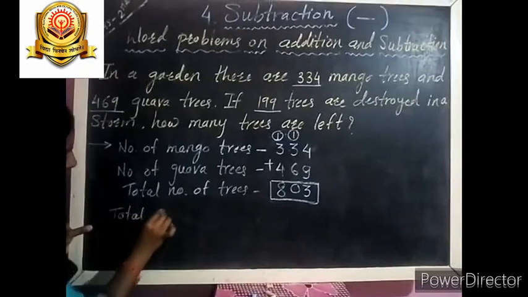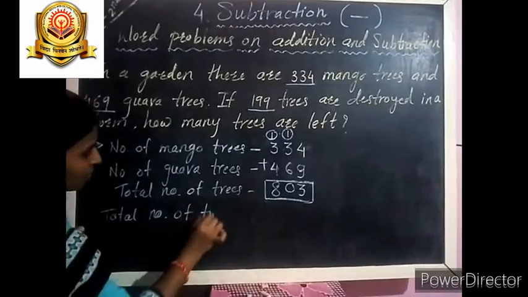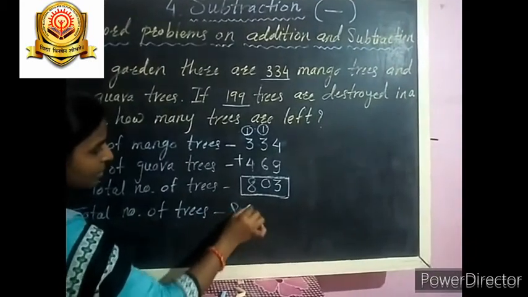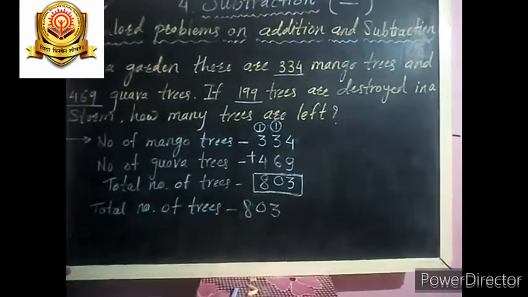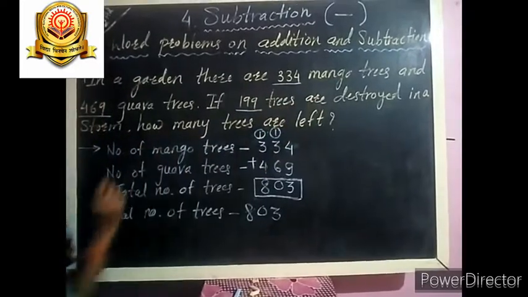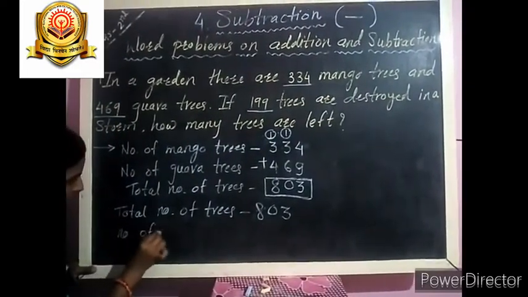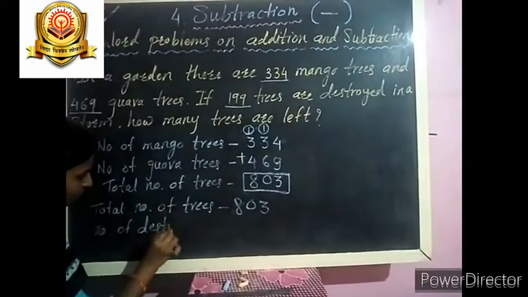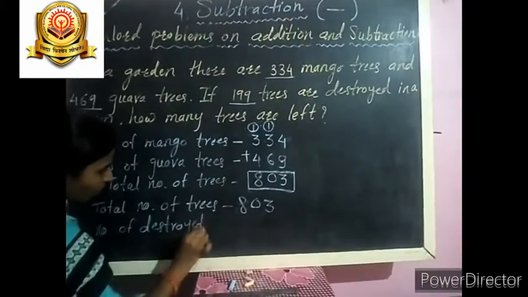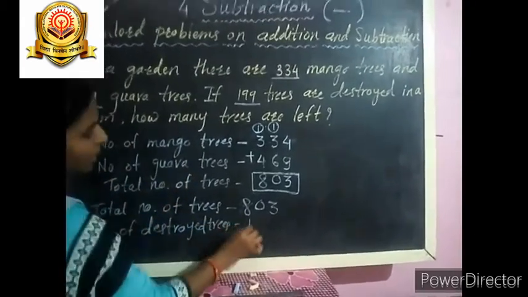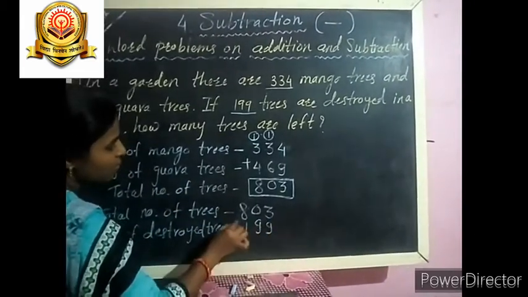How many total number of trees? 803. And how many destroyed trees are there? 199. So minus sign.